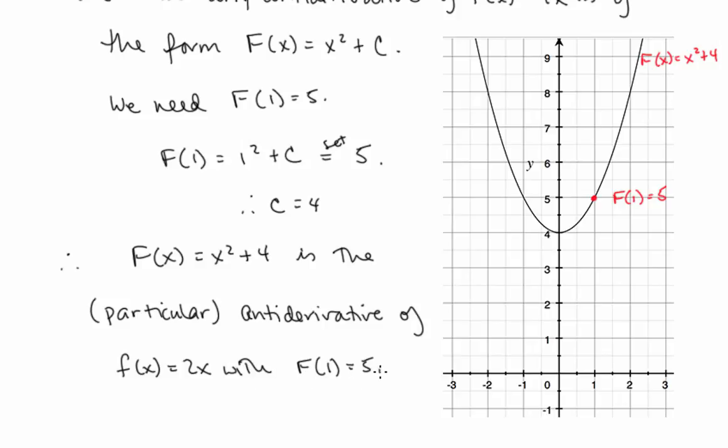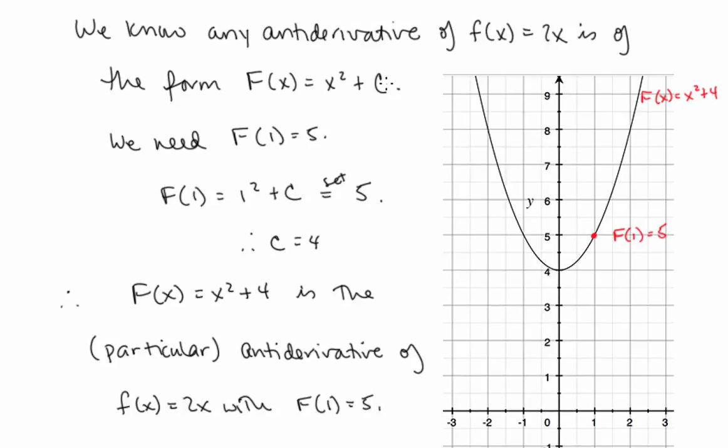So notice when we have this extra condition here, this is a point that the original goes through, that specifies for us which one of the family of solutions we're looking for. So the general antiderivative of f of x equals 2x is capital F of x equals x squared plus c. That gave us infinitely many parabolas in the plane.